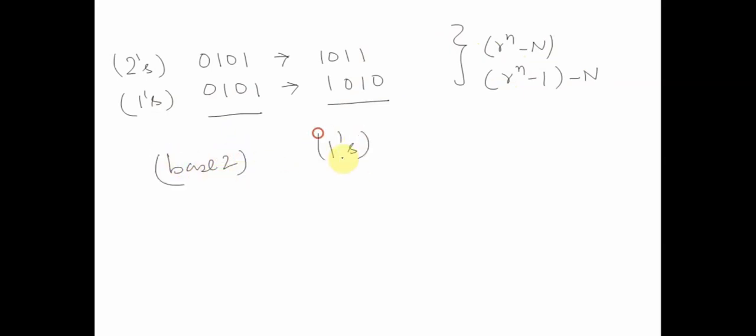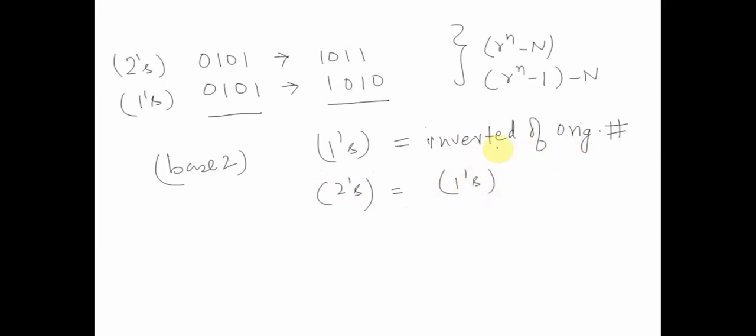If you see, 1's complement is each digit inverted of the original number, and 2's complement is nothing but 1's complement, which is the inverted original number, plus 1. Right? See, if we add 1 to 1010, it will become 1011.